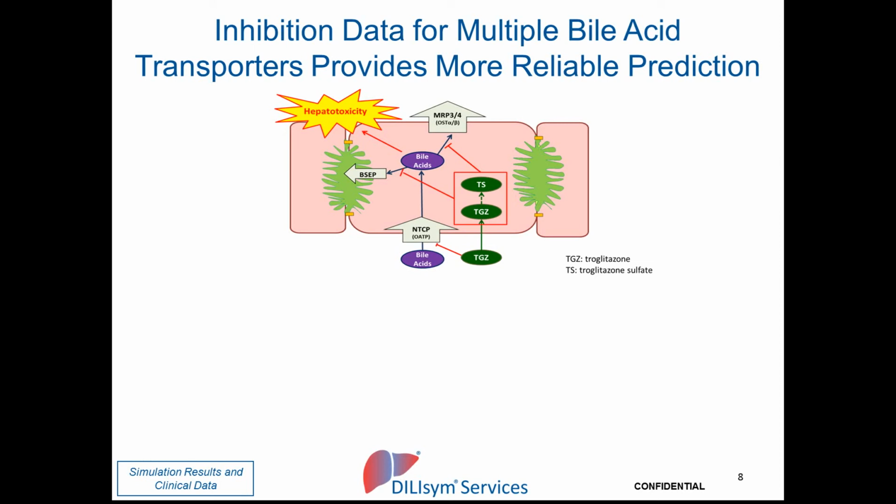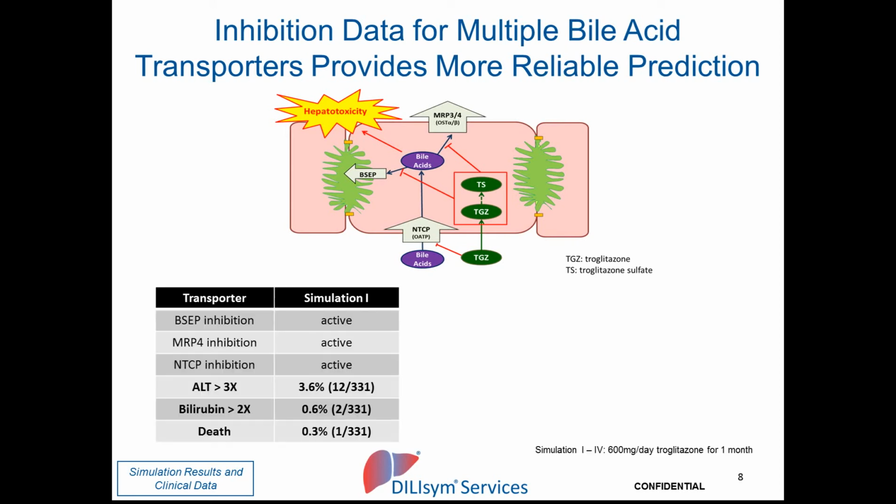And so the question is, how much does each of those specific bile acid transporters contribute to this interpatient variability and the predicted response? The overall incidence predicted when the inhibition of all 3 transporters is active is about 3.6% in this SimPops.